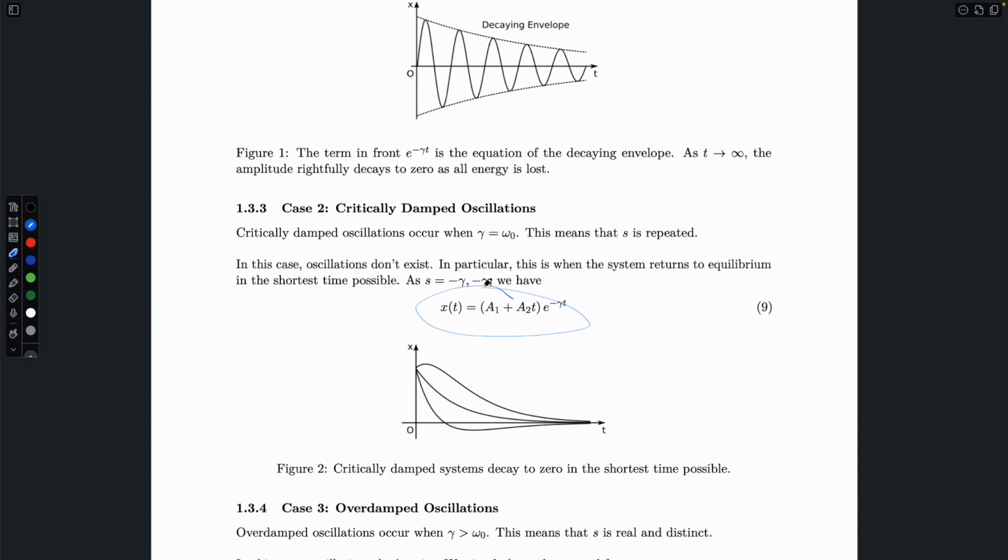The important thing to remember for this case is that the system will return to equilibrium in the shortest time possible. That's the difference between this and this. Both of them don't have any oscillations, but for critical damping, it returns to equilibrium in the shortest time possible.